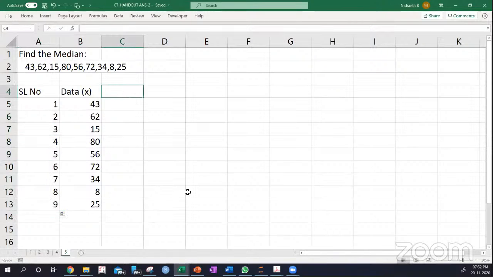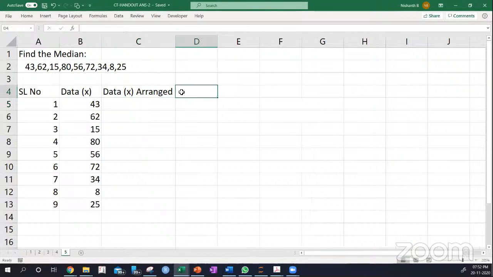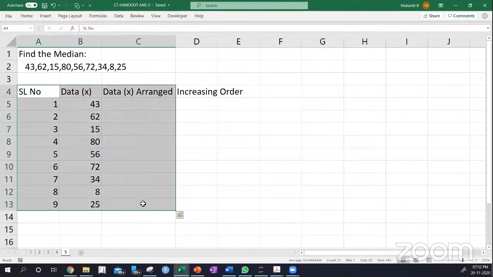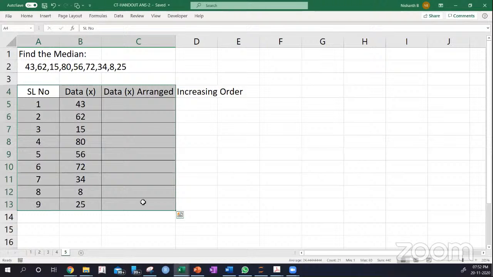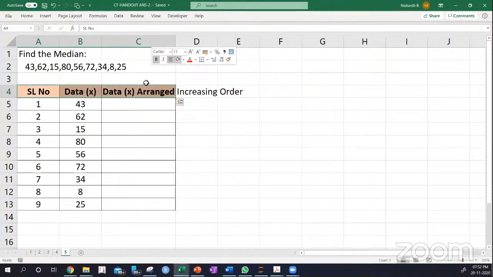Now I'll arrange them in increasing order. You can arrange in whichever order you want, but preferably increasing, because we always read the numbers from smallest to largest, so you don't make mistakes.